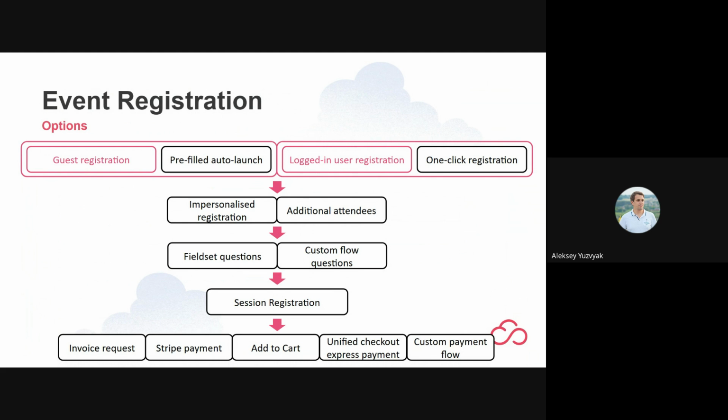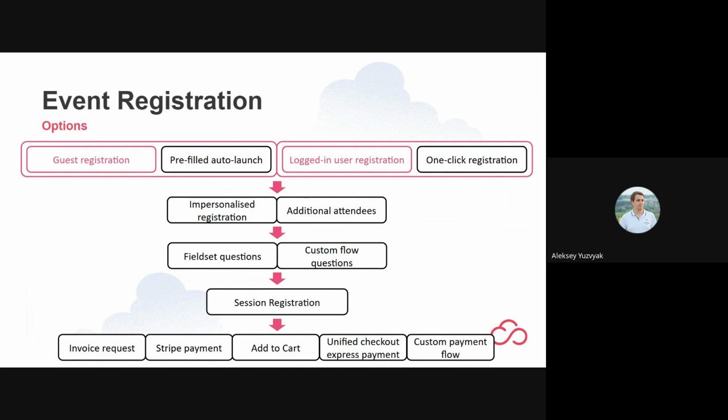For logged-in users, it is allowed to register with one-click registration for certain events under certain circumstances. If it's a free package and only one package, there are some prerequisites needed to implement this one-click registration.